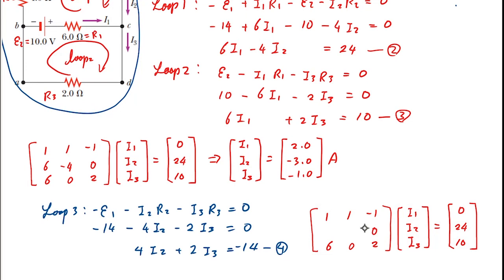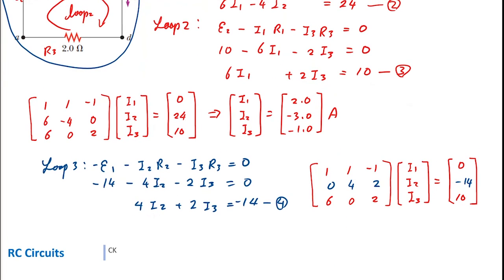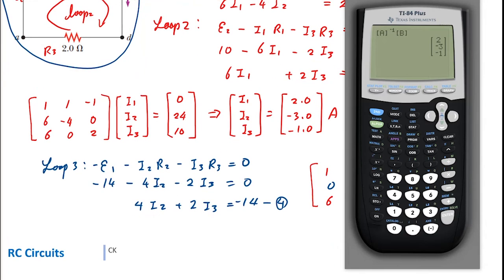That I need to erase, and then I need to replace this by 0, 4, 2. And then the other side I have 0, so this is negative 14. And solve this system. Okay? I already entered it, I believe.